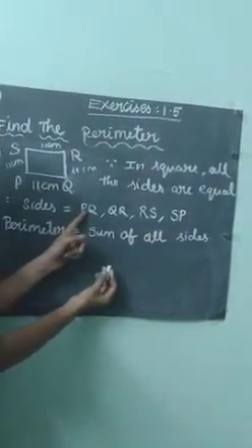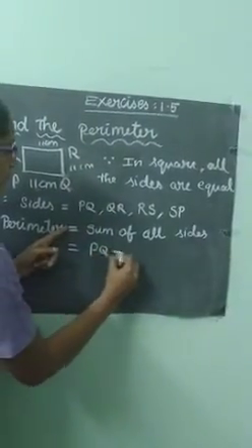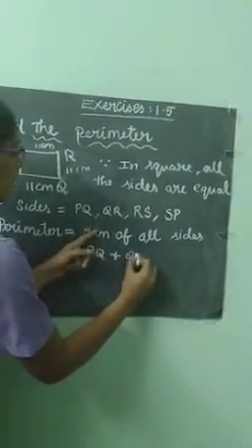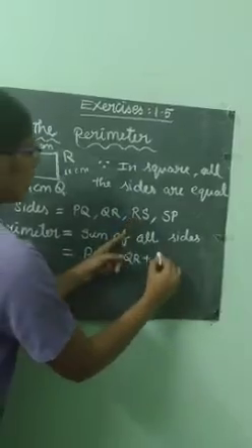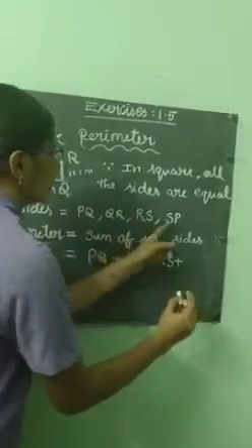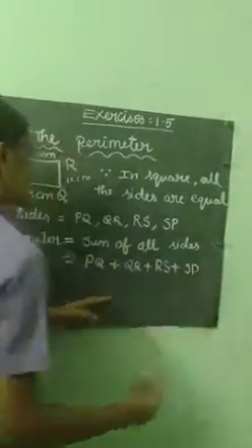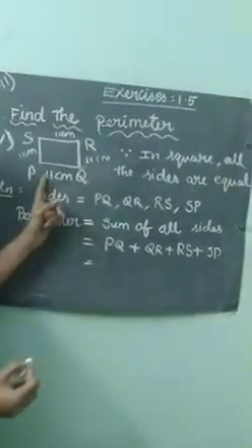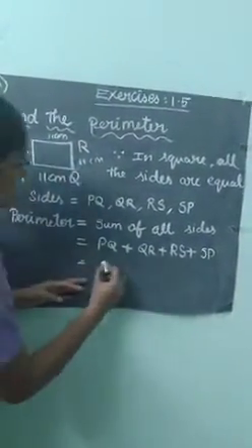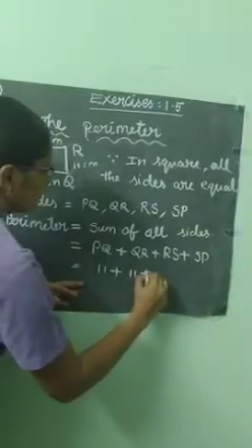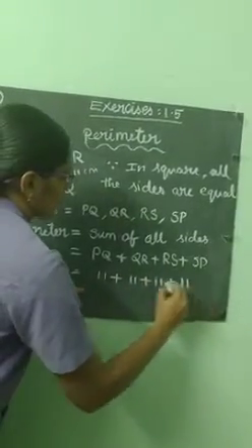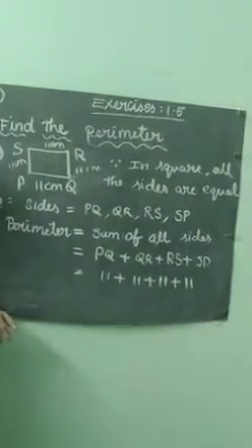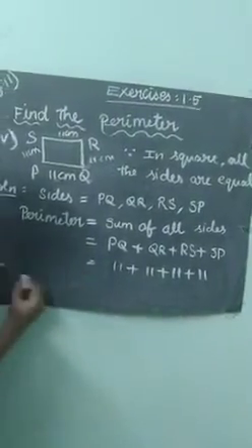Now, do the addition. PQ plus QR plus RS plus SP. Then all the sides are equal only, no? So here 11, 11, 11, 4 times only you want to write. Now write the final answer.